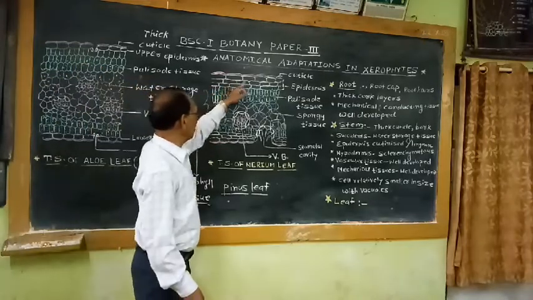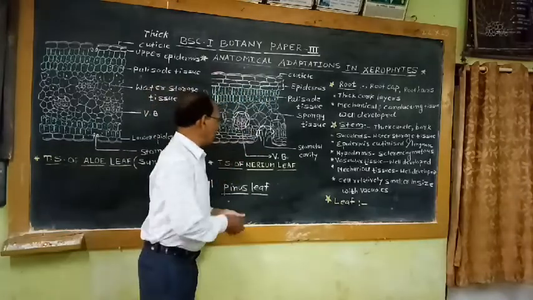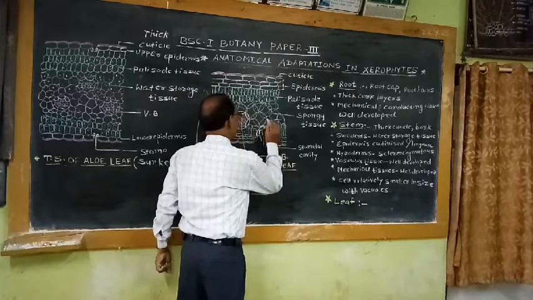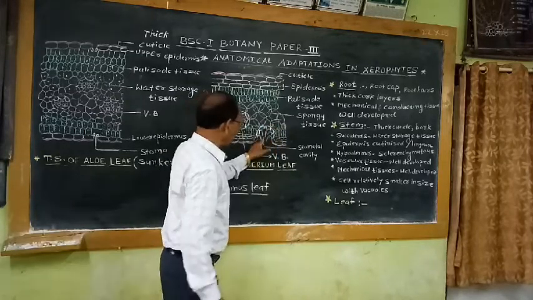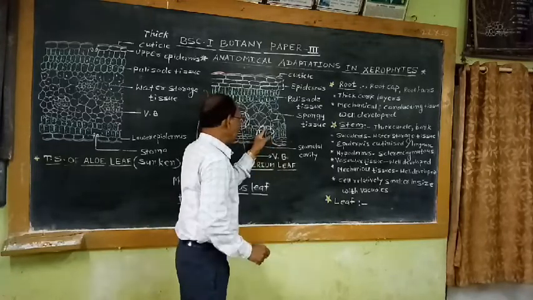If we observe the Nerium leaf here, stomata are totally absent in the upper epidermis. Stomata are only found in the lower epidermis, and these stomata are present in a stomatal pit or stomatal cavity. So this is the stomatal cavity, and inside this cavity, these stomata are there.